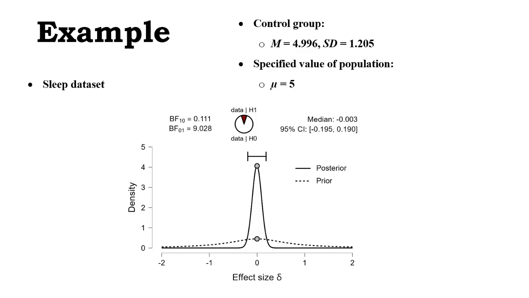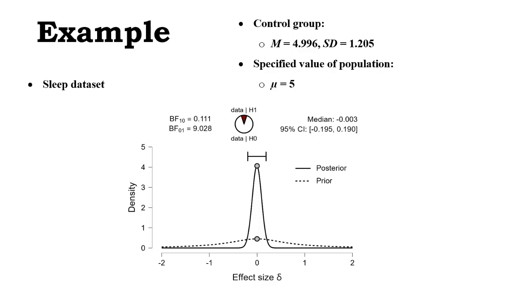We want to see whether the mean sleeping hours of our control group is similar or different from that specified value. In our dataset, the mean of sleeping hours in the control group is 4.996, very, very close to 5. The standard deviation is 1.205.